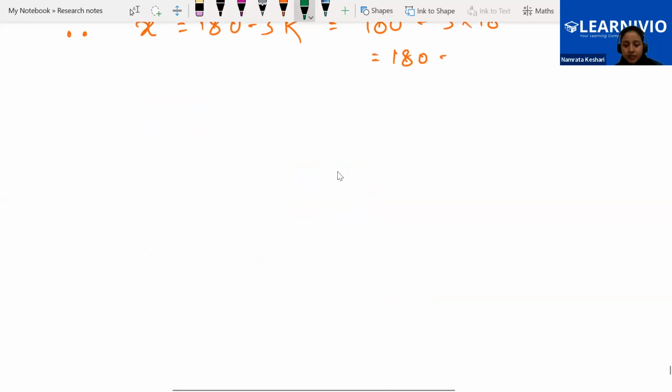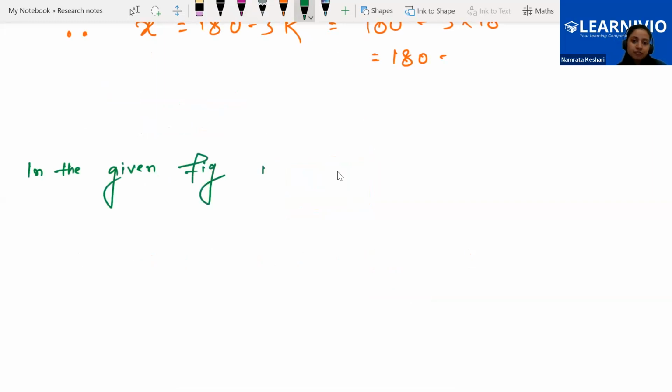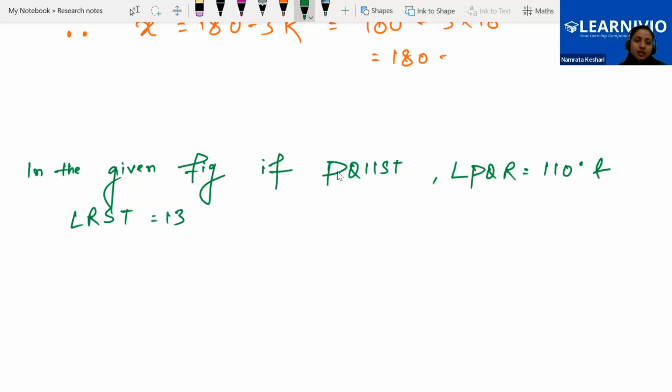Okay, so next, I'm giving you the next question. First try it. Let me write the question in the given figure. If PQ is parallel to ST, angle PQR is equal to 110 degrees and angle RST is equal to 130 degrees. Find angle QRS.